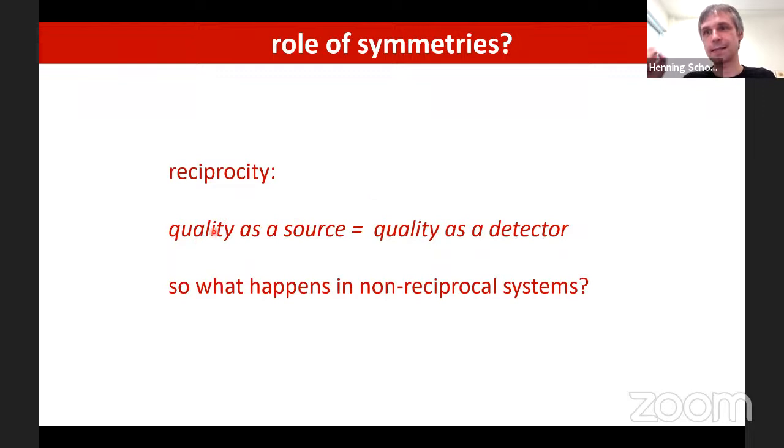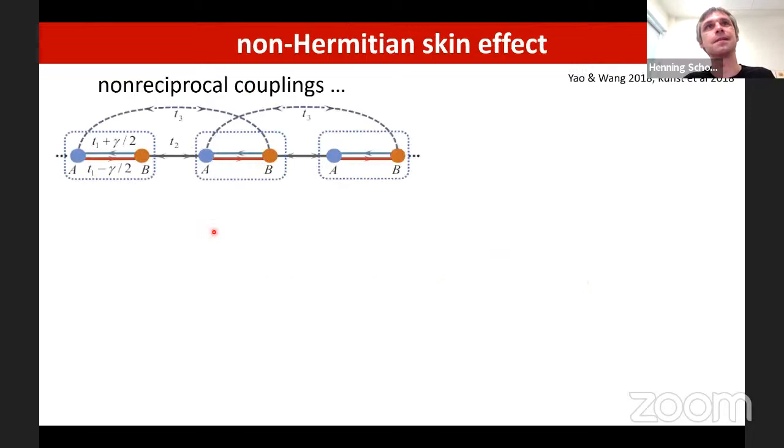Namely, it tells us that the quality of a system as a source is the same as a detector, something that you might have heard about loudspeakers, right? Loudspeakers emit sound, but they could also be used to record sound in the same way, because acoustic waves are reciprocal. So what happens in non-reciprocal systems? We have to be general enough in order to capture this.